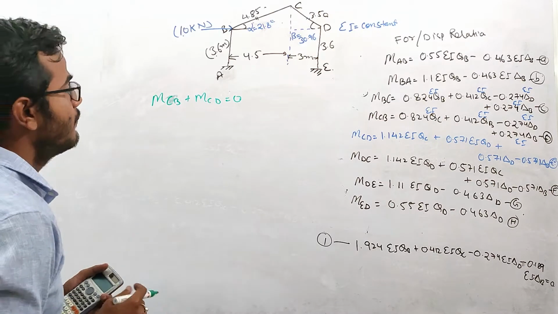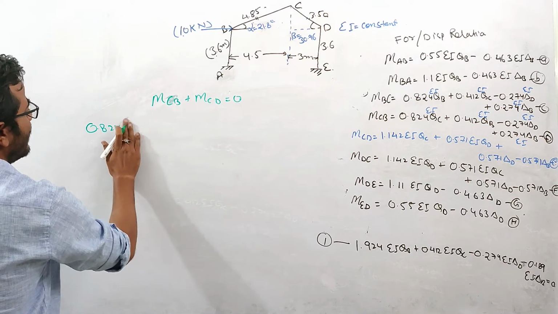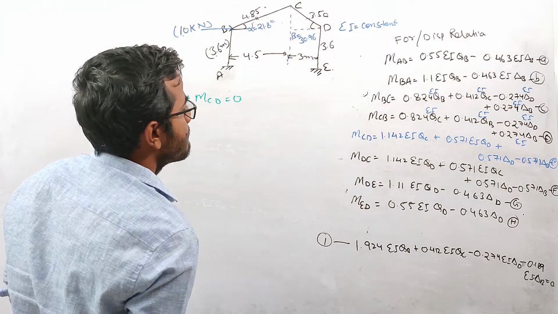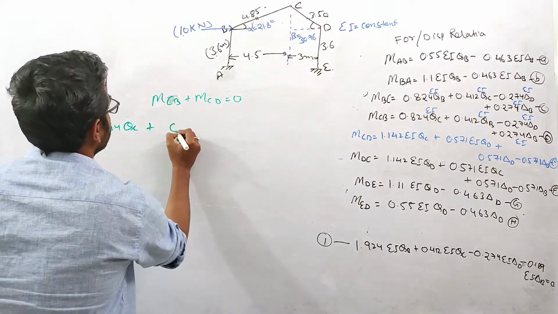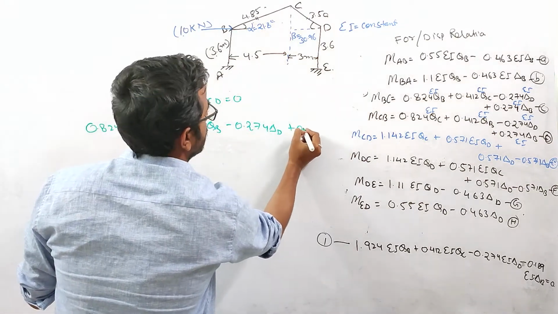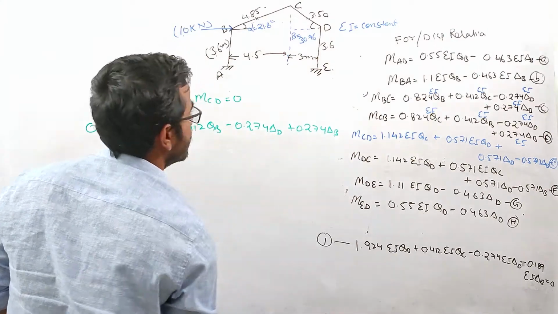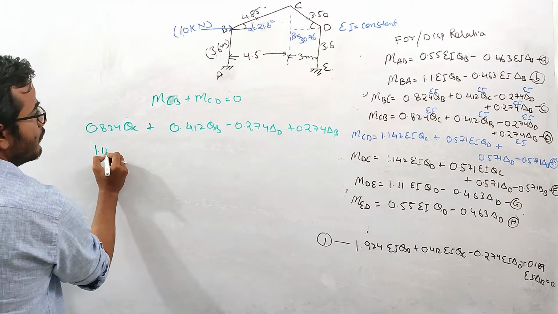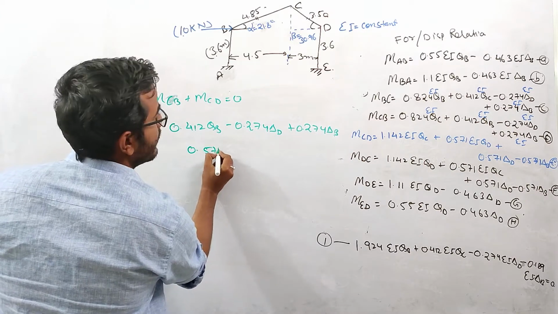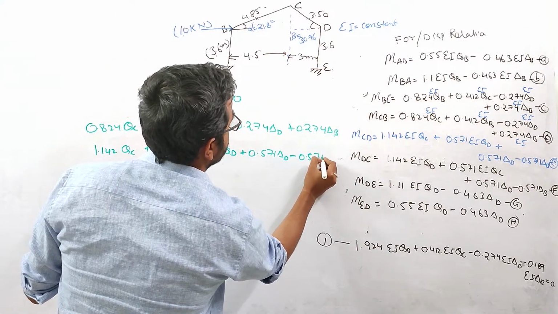So if we put this value of MCB, it is 0.824 theta C, I'm not writing EI, plus 0.412 theta B minus 0.274 delta D plus 0.274 delta B. Plus, what is the value of MCD? MCD is 1.142 theta C plus 0.571 theta D plus 0.571 delta D minus 0.571 delta B.